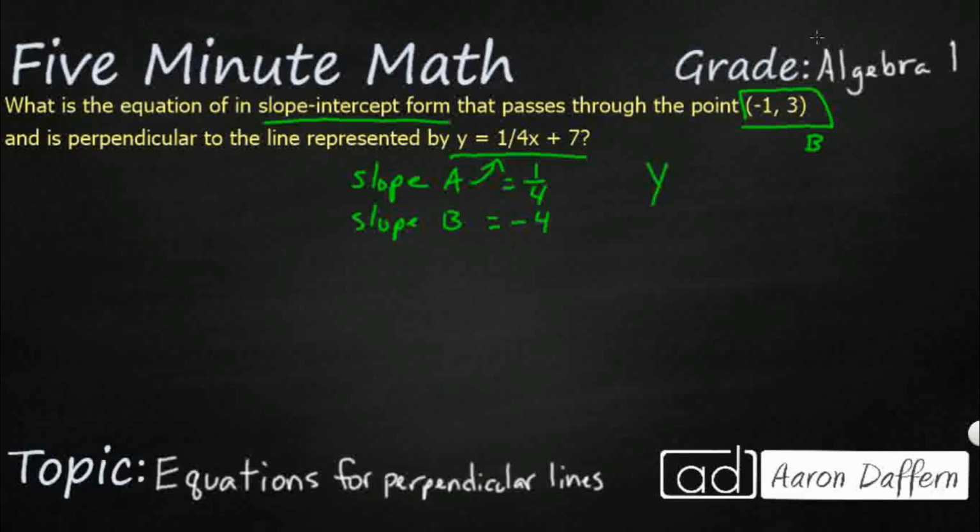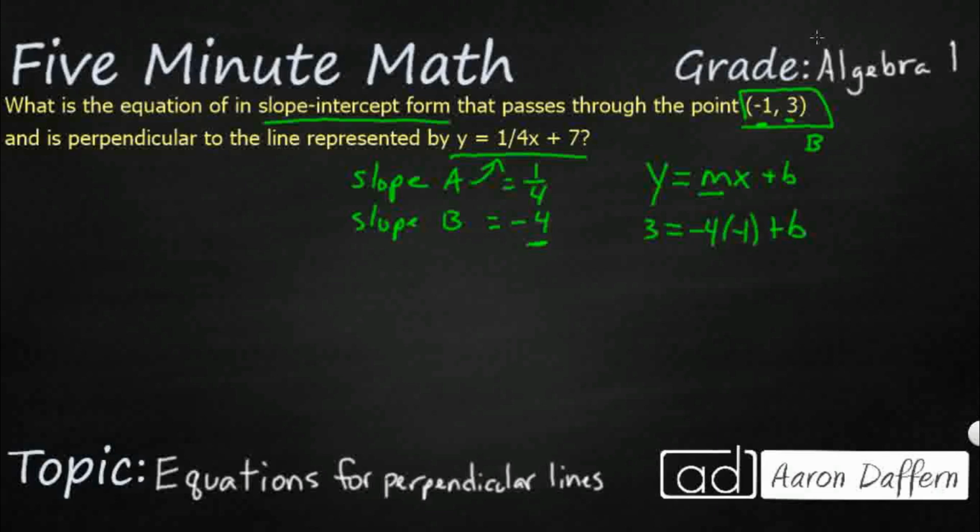Let's see what our slope-intercept form is going to look like. Because we know what the slope is, but we don't know what the y-intercept is. Maybe it's 7, maybe it's not. So we're just going to plug in our numbers. Our y right here is 3, so 3 equals our m, remember our slope is right there, negative 4, times our x, which is that negative 1, plus b.